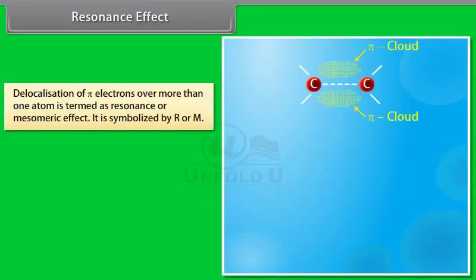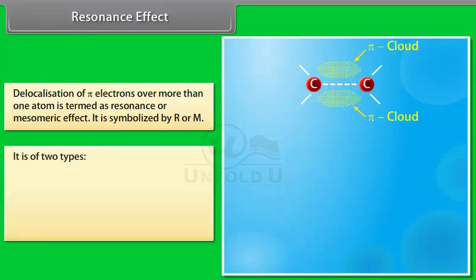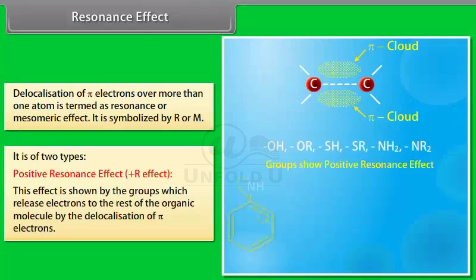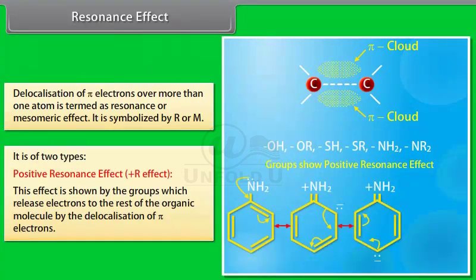Resonance effect. Delocalization of pi electrons over more than one atom is termed as resonance or mesomeric effect. It is symbolized by capital R or capital M. It is of two types. Positive resonance effect, positive R effect: this effect is shown by the groups which release electrons to the rest of the organic molecules by delocalization of pi electrons.